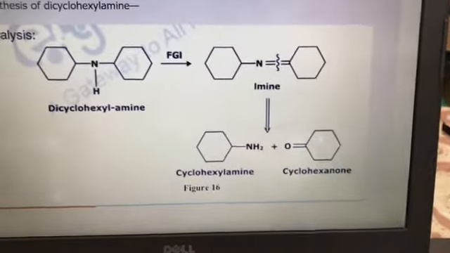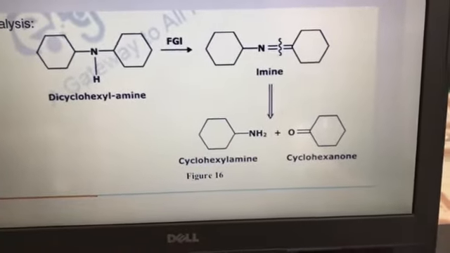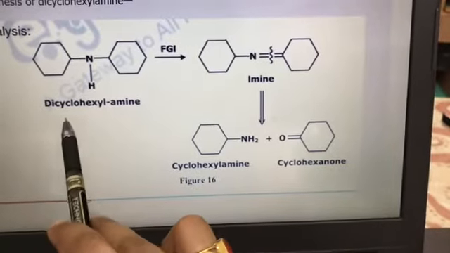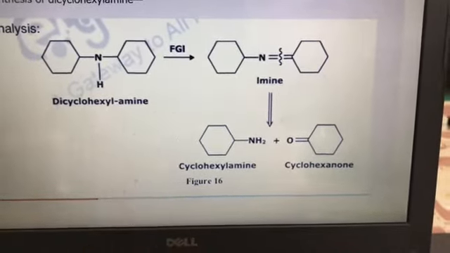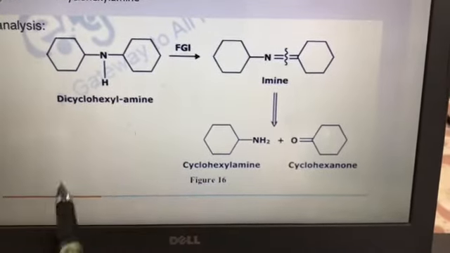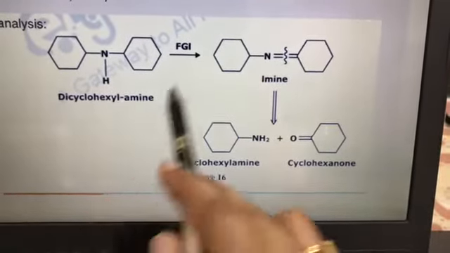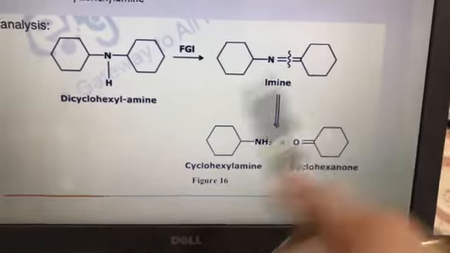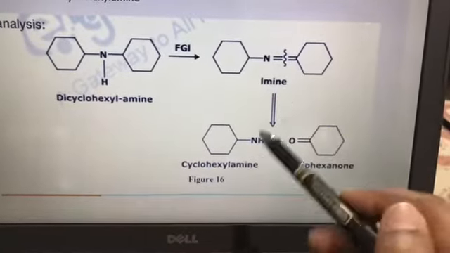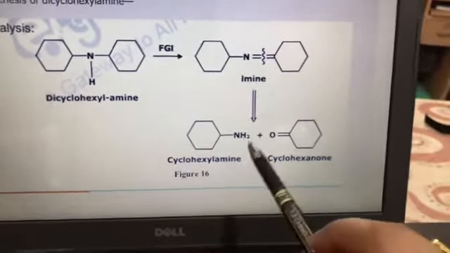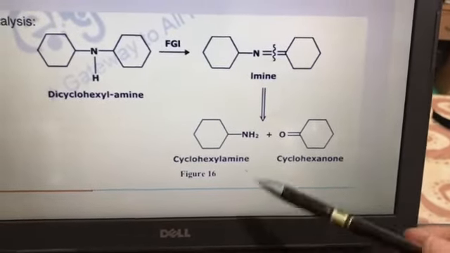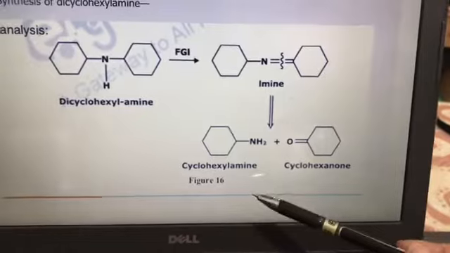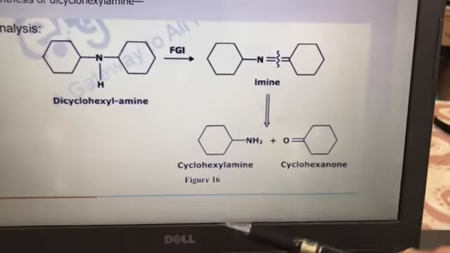Now the synthesis of the last example, dicyclohexylamine. First, by using FGI here we get an imine, and upon disconnection we get a simpler cyclohexylamine, which is easily available too, and we can further disconnect it.